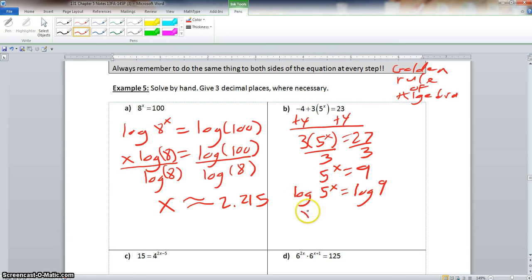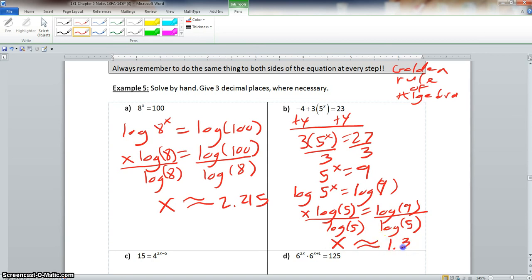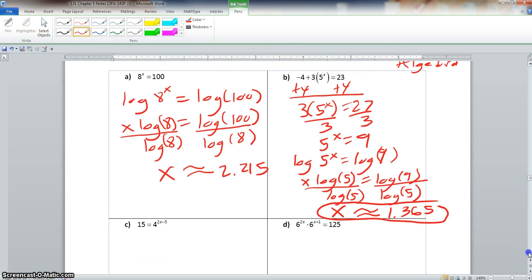So we could bring our x out front, and we'll have x times log of 5 is equal to log of 9. And we'll divide each side by log of 5. And then we would end up with x being approximately 1.365. And that will be our final answer for that problem.